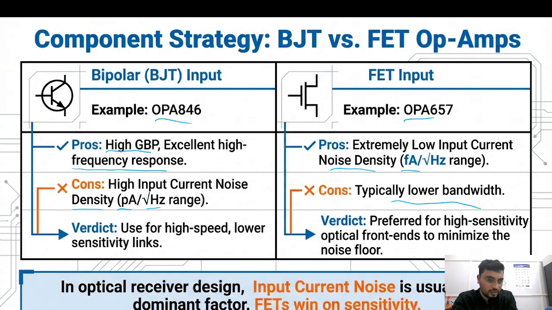So if you see the plot of frequency, the bandwidth, versus gain, for BJT it will look like this, up to 1, 10, 100, 1000.